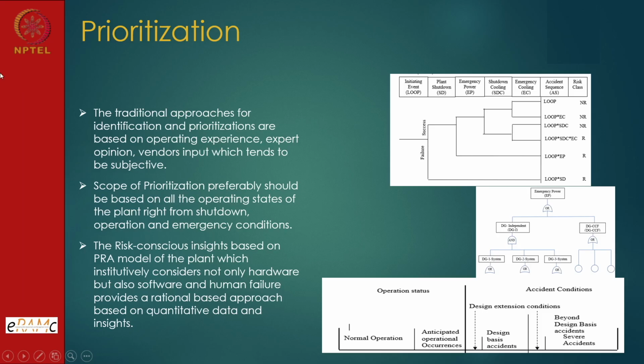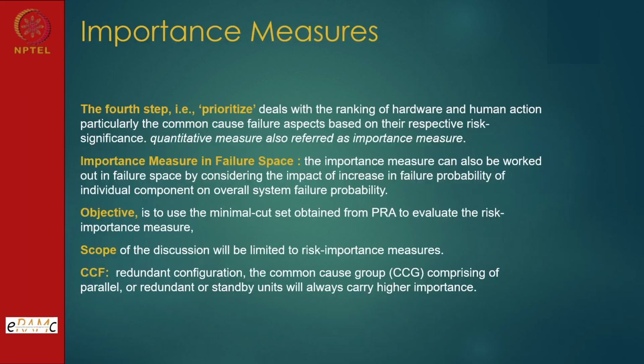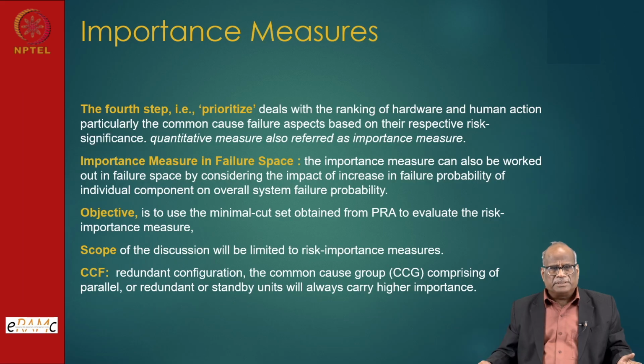And one good thing about the PRA framework is that it produces a prioritized list of components based on the risk importance of the component. We have discussed this and we will be discussing it further. So now we have to prioritize. Importance measures are available for each component, and how they are evaluated, that also we will see.